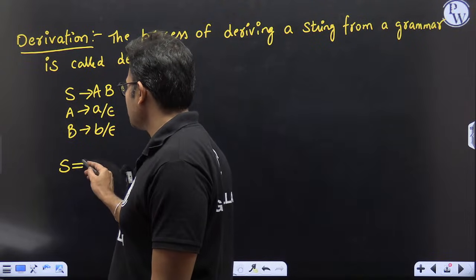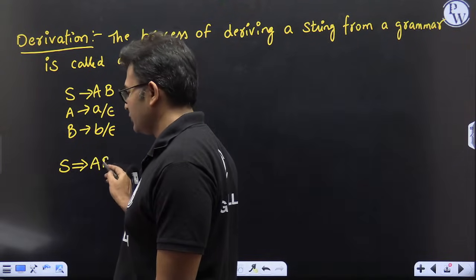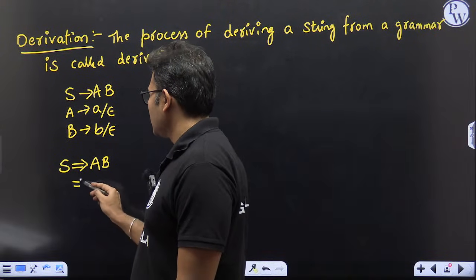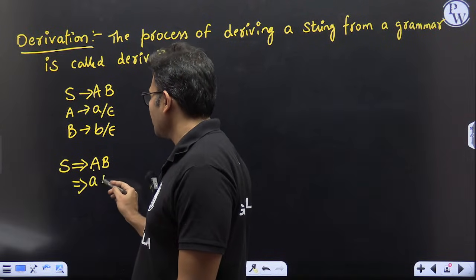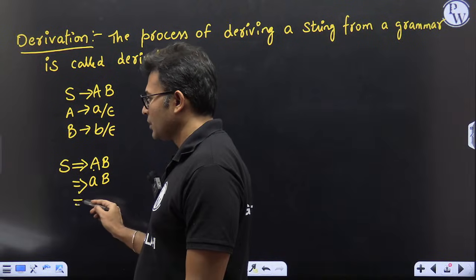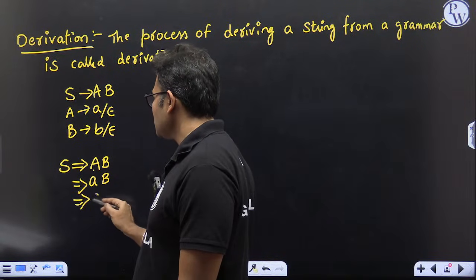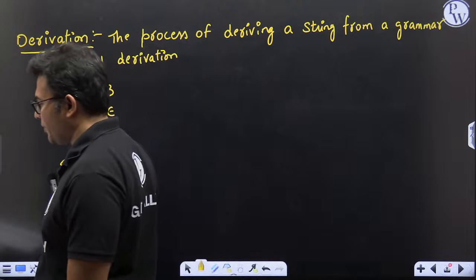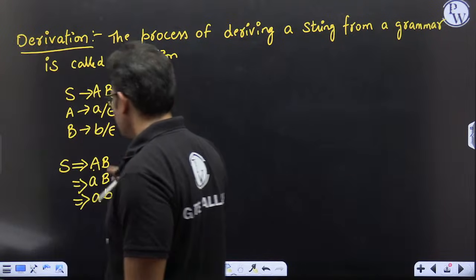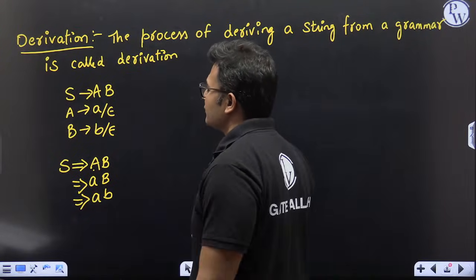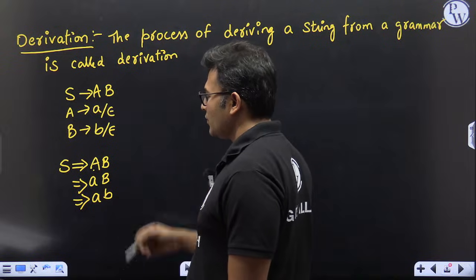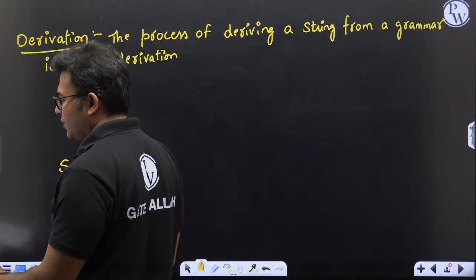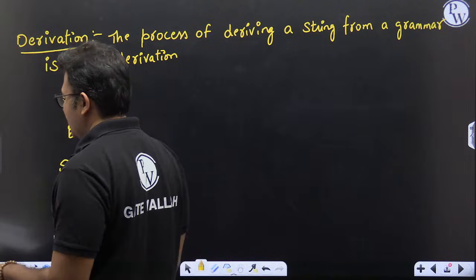S derives AB, and A derives small a, and then B derives small b. So this process is called derivation. Step by step deriving a string is called derivation.